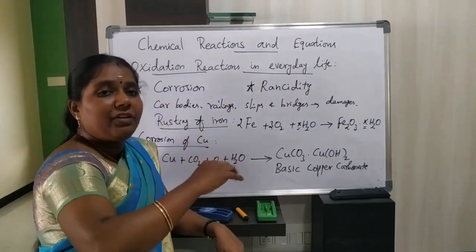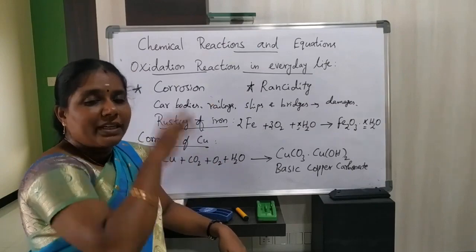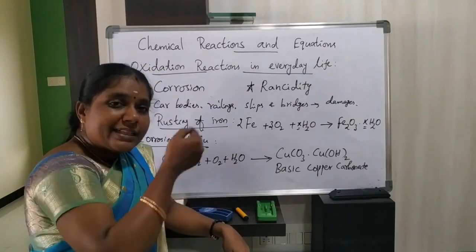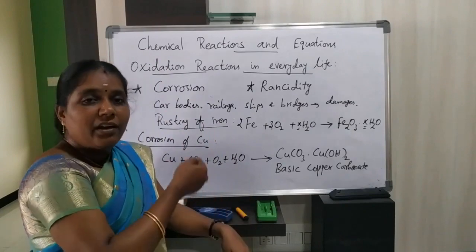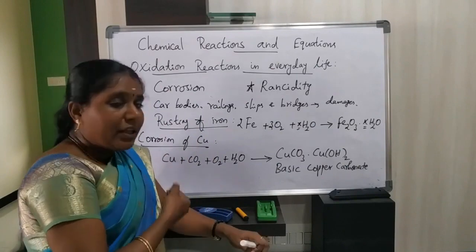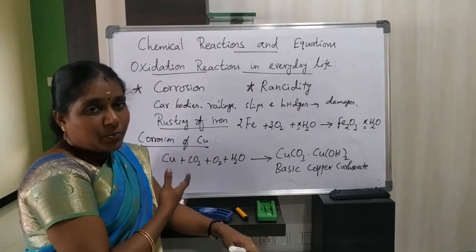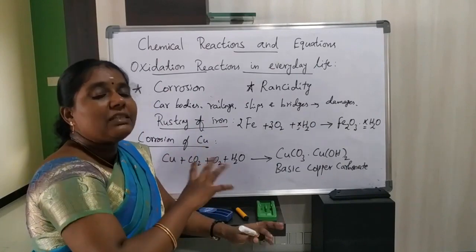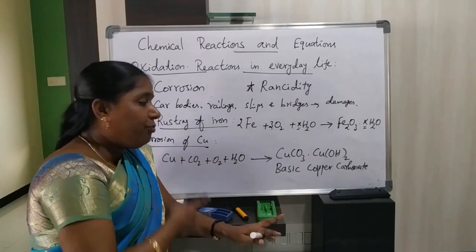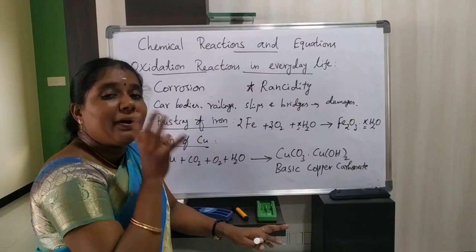Suppose we leave a copper object outside, it will slowly lose its shine and luster because of the reaction between air, moisture and atmospheric carbon dioxide. All three of these combine with the copper and it forms basic copper carbonate.